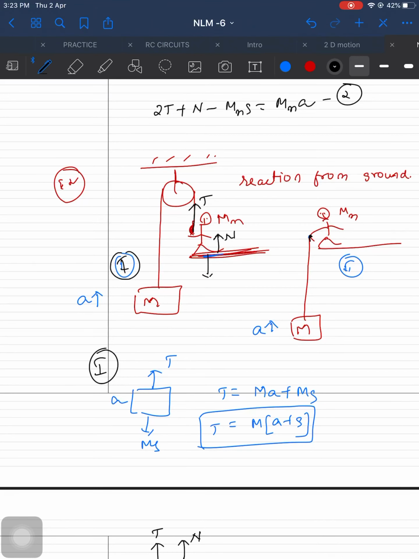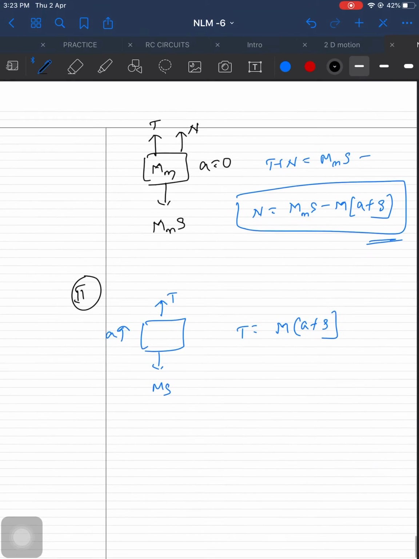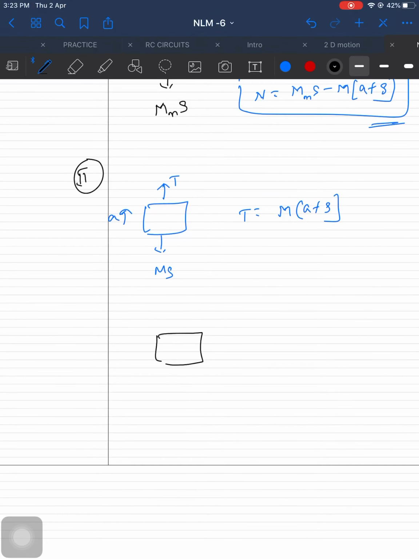The tension in the rope will act in the downward direction, normal in the upward direction, and mg in the downward direction. Let's draw the diagram. This is small m, mass of man, tension in the downward direction, normal in the upward direction from the reaction, and mg in the downward direction. Acceleration is equal to 0.